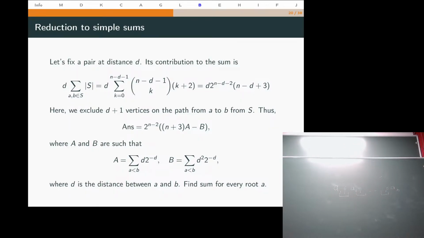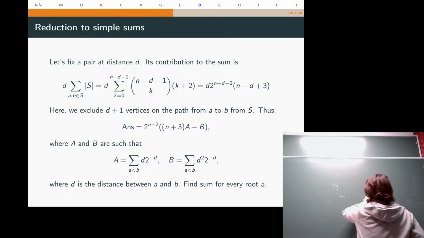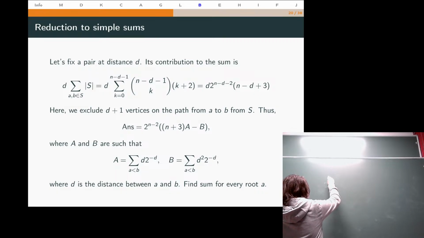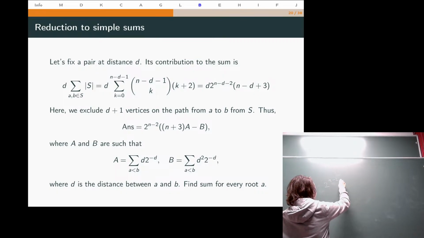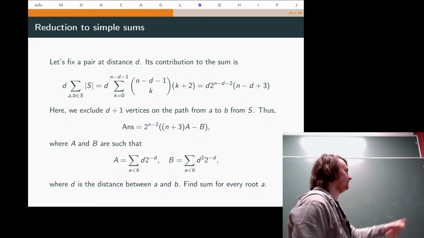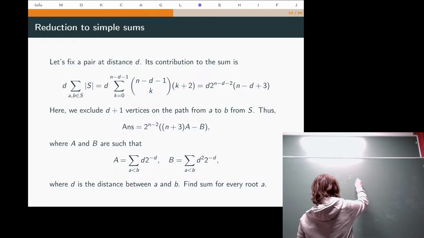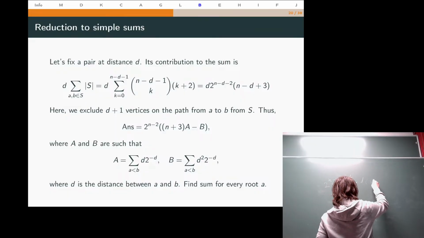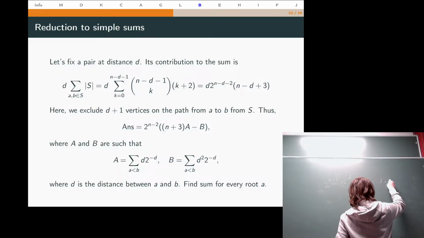So here we have 2 to the power n minus 2 times 2 to the power minus d in the upper expression, times d times n minus d plus 3.